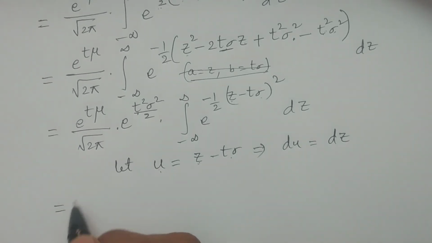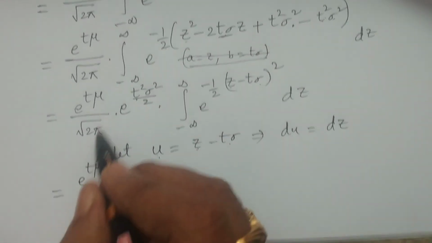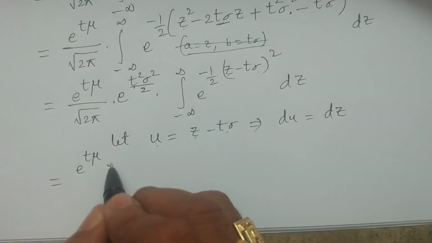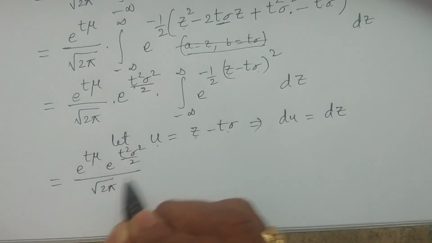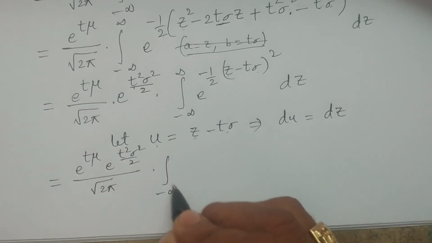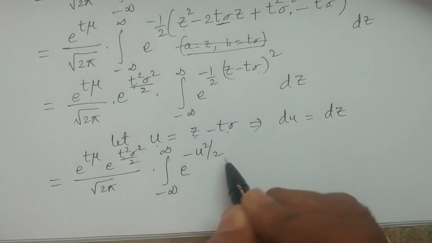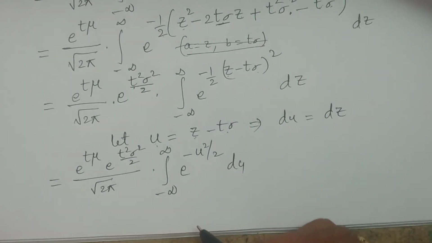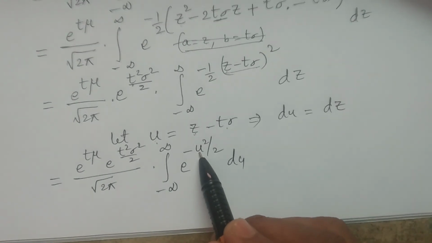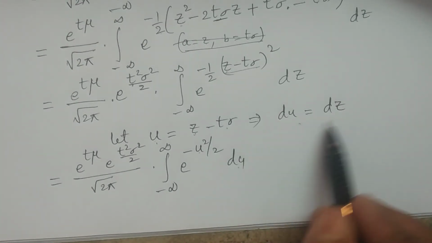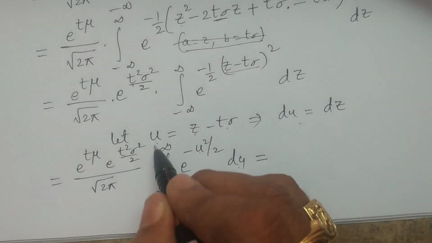Therefore, e power t mu, and also e power t square sigma square by 2, divided by root 2 pi, and integral minus infinity to infinity e power minus u square by 2 du. Is it clear? u is equal to z minus t sigma, dz is du.